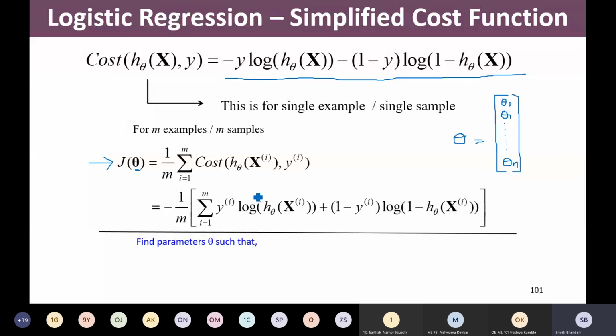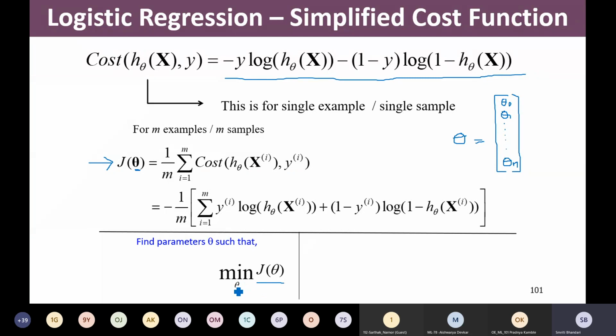So ultimately, once we have defined this cost function, what we would like to do is find our parameter vector theta such that the cost J of theta is minimum.